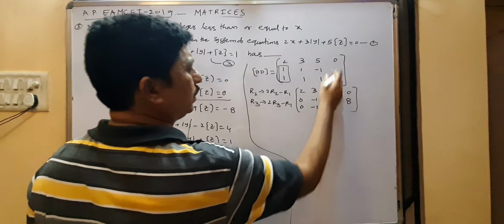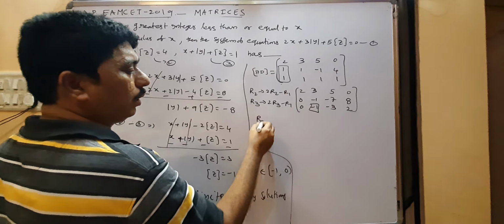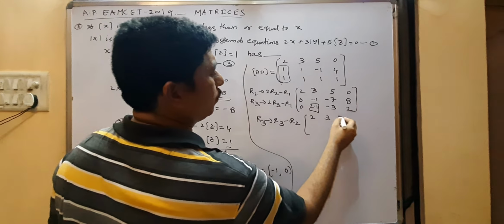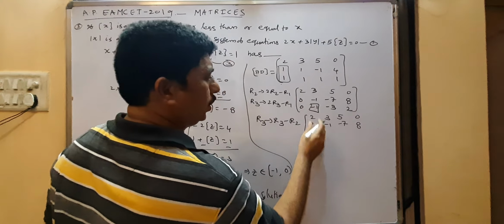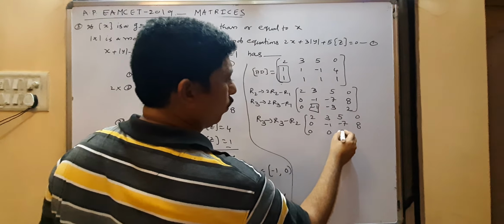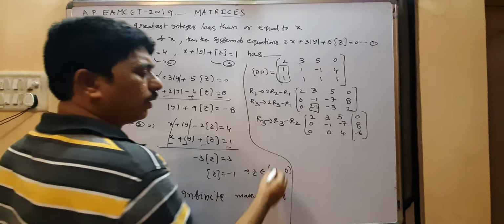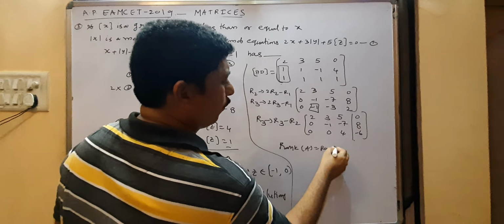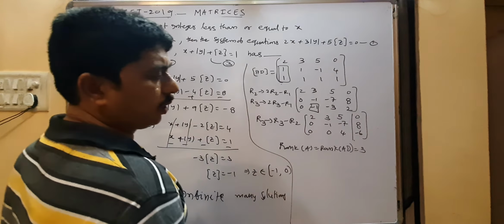Again, to make this element zero, apply R3 to R3 - R2, keeping the first and second rows the same. Now observe that the rank of A equals the rank of the augmented matrix, both equal to 3.